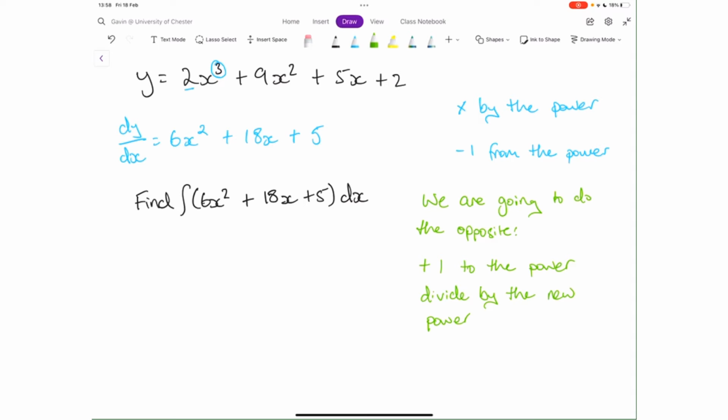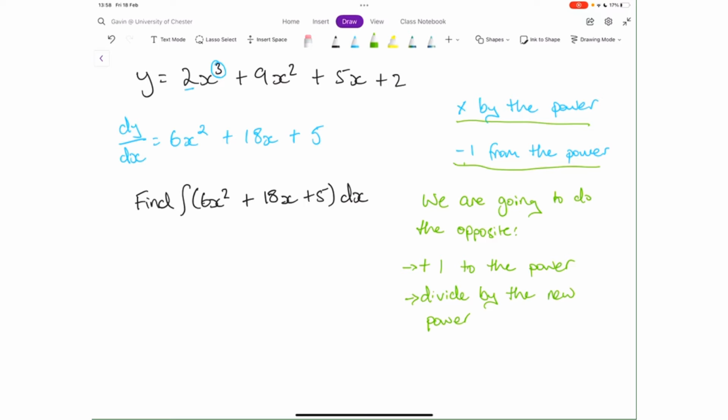If you think about the process of differentiation, which of course is multiplying by the power, I'm doing the opposite to that because I'm dividing by the power in the process of integration. I also subtract 1 from the power in differentiation. When I integrate, I do the opposite to that and I add 1 to the power.